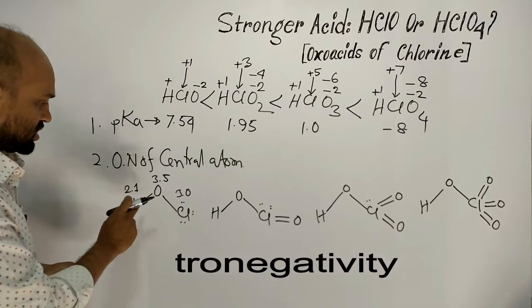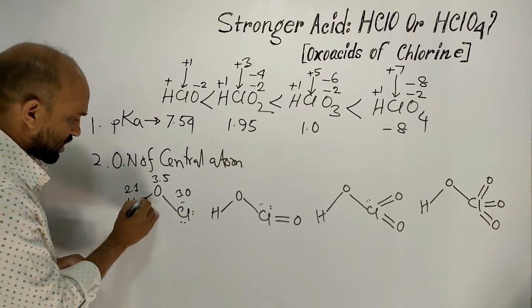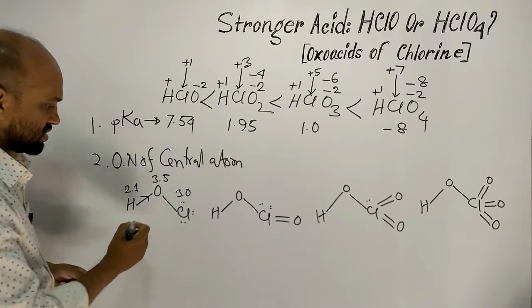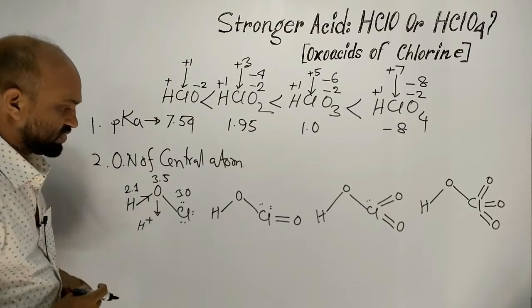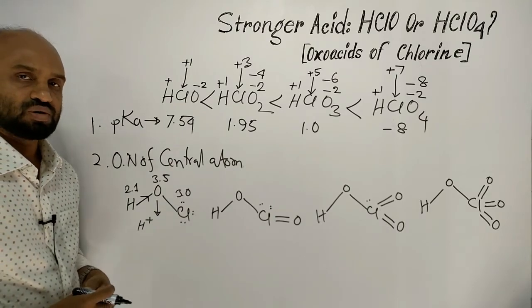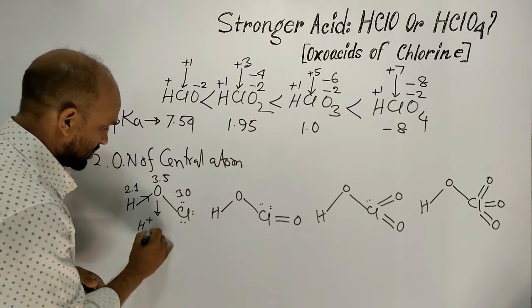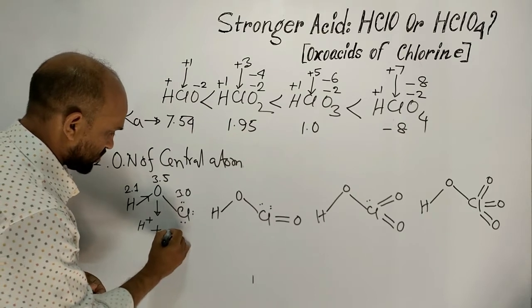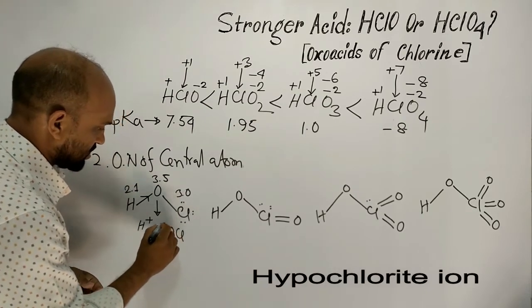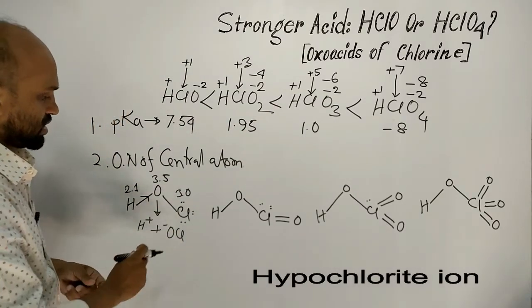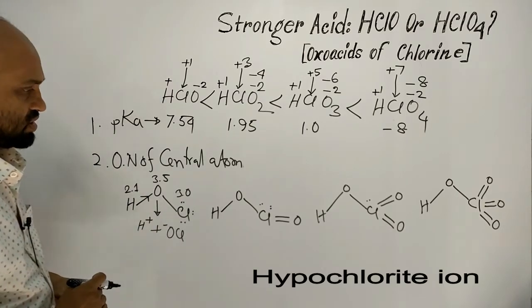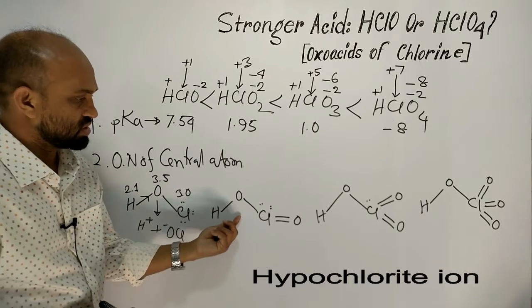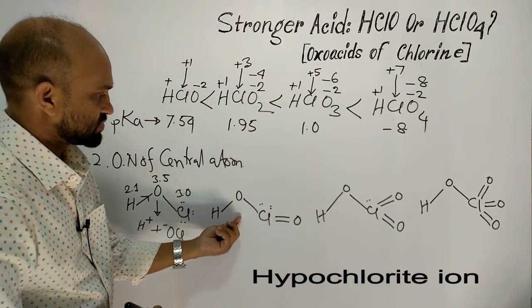That is why this bond is polarized, and as a result from this compound hydrogen is freed as proton and an anion is formed, that is OCl⁻. This is the hypochlorite anion. Now let's see the next compound, chlorous acid.